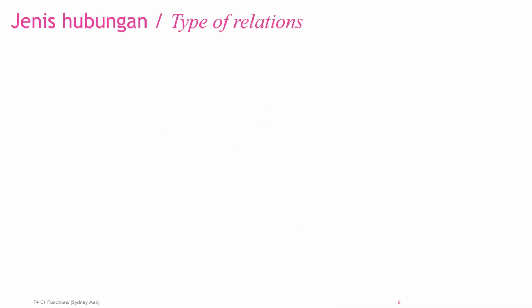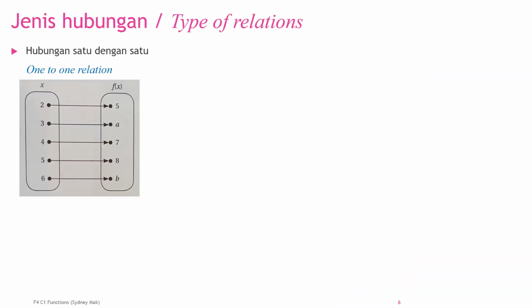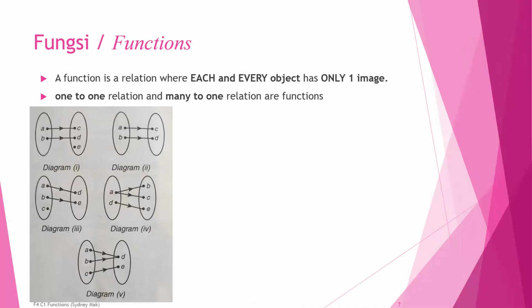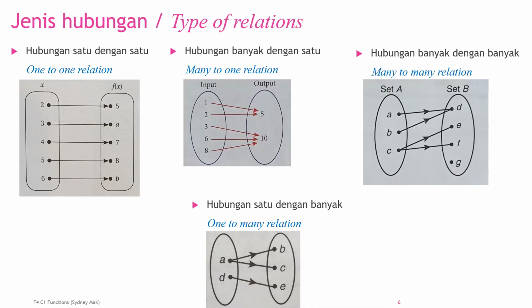Okay. So the types of relation, this is what we have learned before: one to one, many to one, many to many, one to many. You know how to identify, right? So this one we can skip. But anyway, many to one, you will have the symbol like this, minimum 2 to 1. You may have 3 to 1, 4 to 1, doesn't matter, but minimum you must see this.